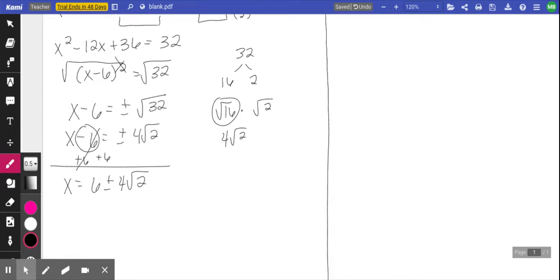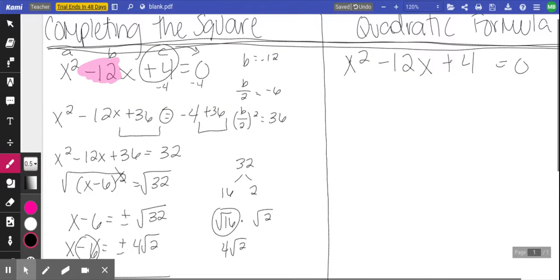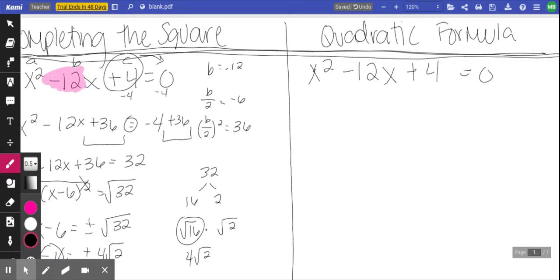Now, let's look at this exact same problem, but using our quadratic formula. Our quadratic formula says that our solution is equal to negative b plus or minus the square root of b squared minus 4ac, all of that divided by 2a.